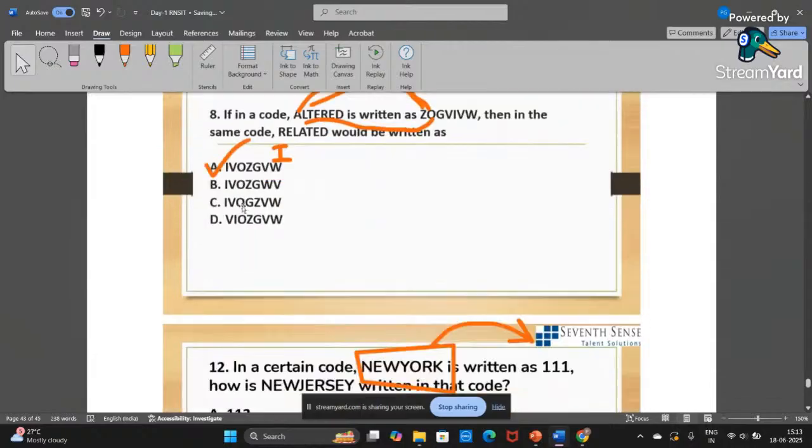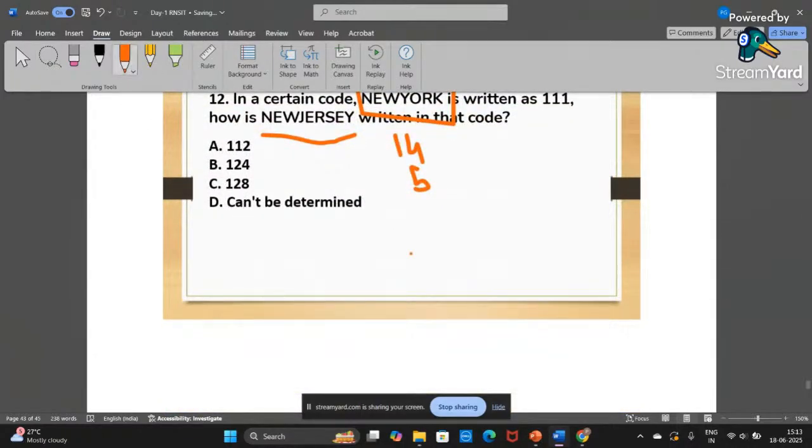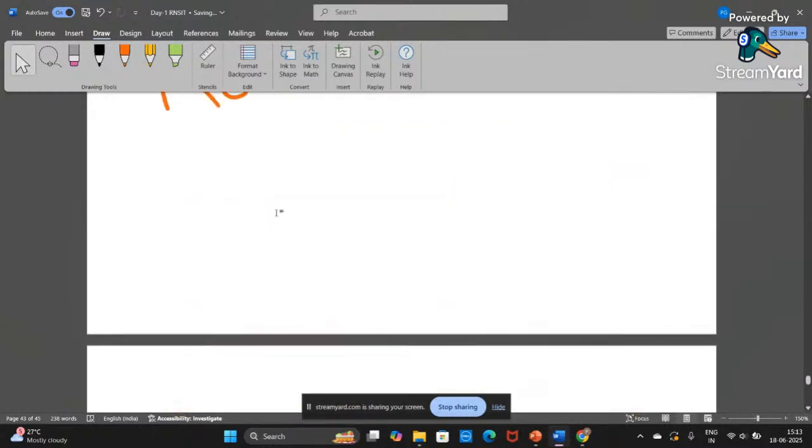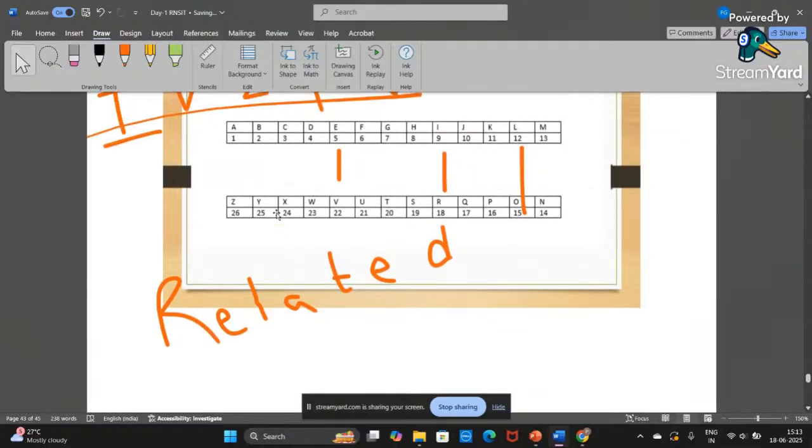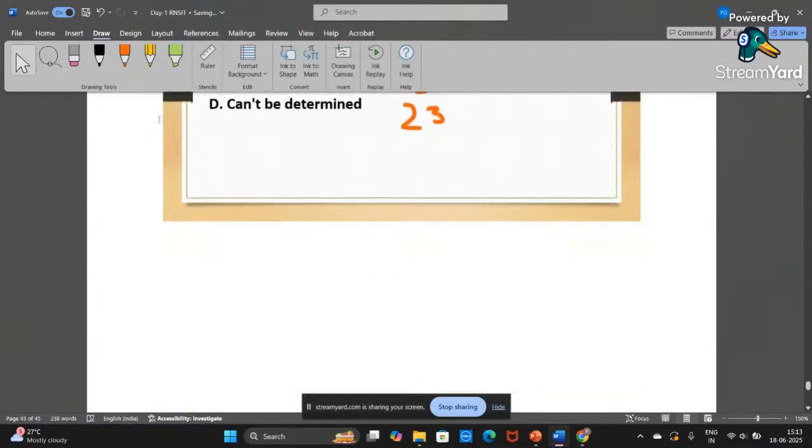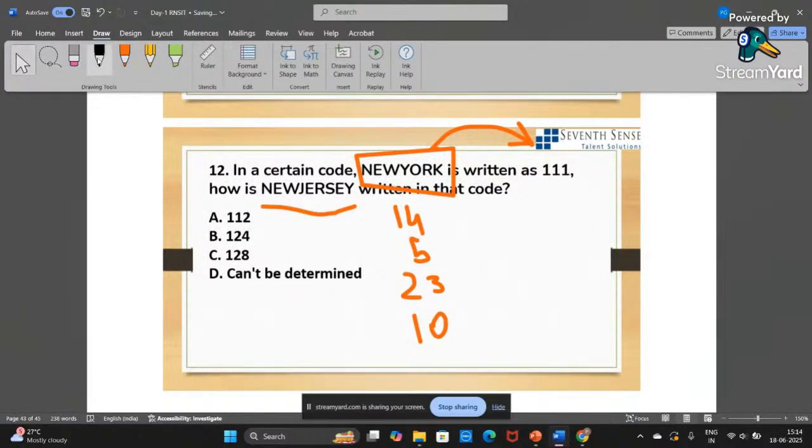W is 23. J is what? J is 10. E is 5. R is 18, I think.